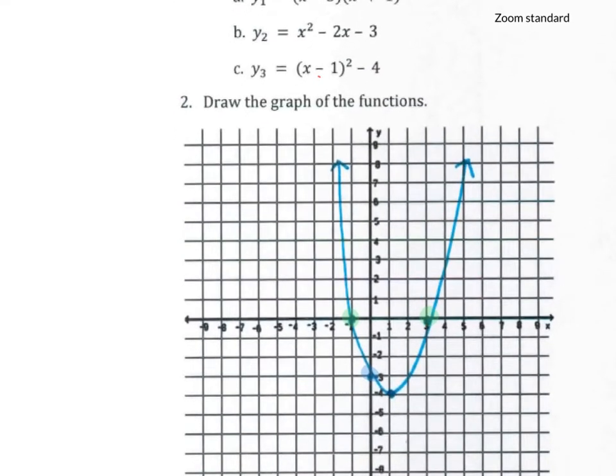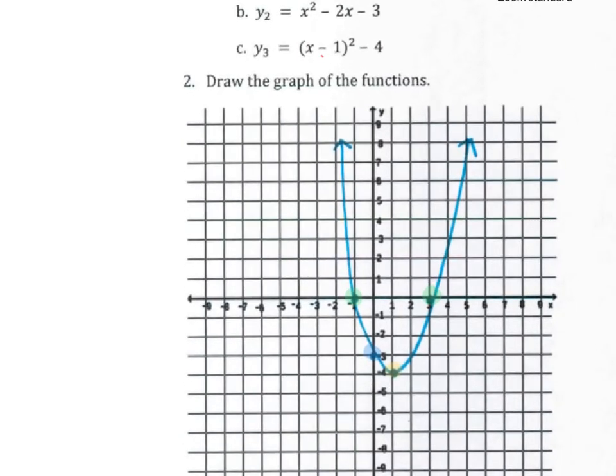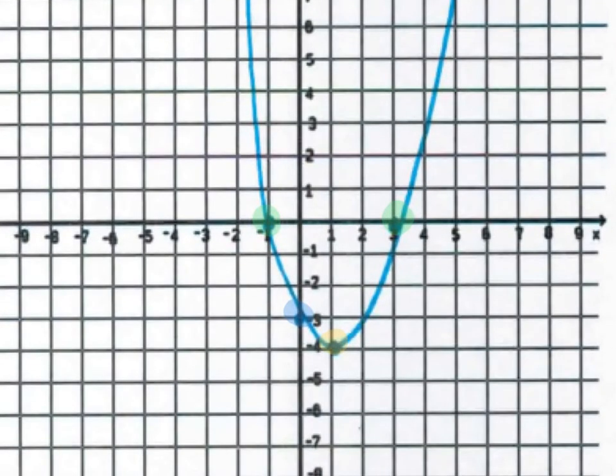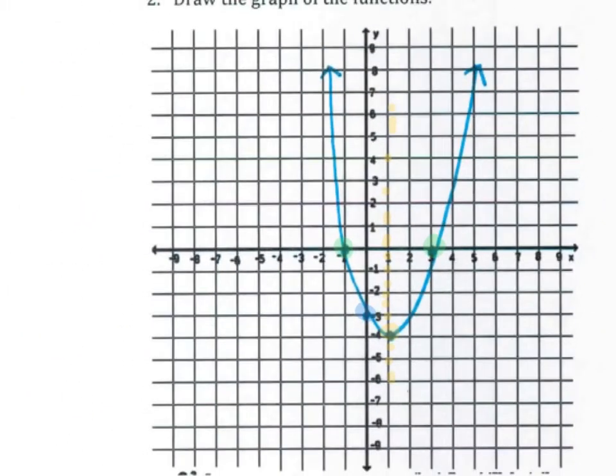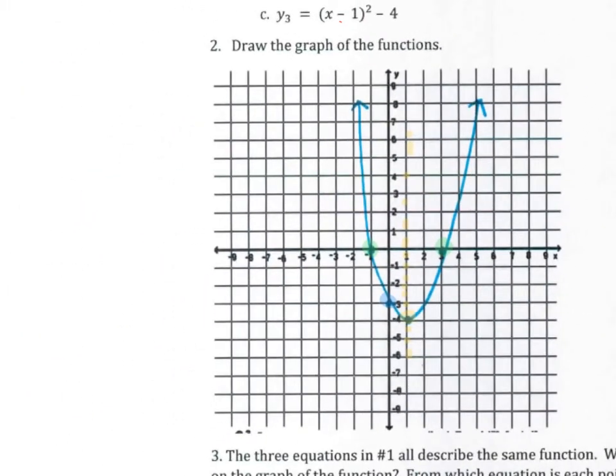Then I've got my vertex, which is at (1, -4). And remember, the vertex also tells us the axis of symmetry, a line that splits our parabola in half, so everything on the left side of that line mirrors on the right side as well. These are just some visual things that I'm picking up on right now.